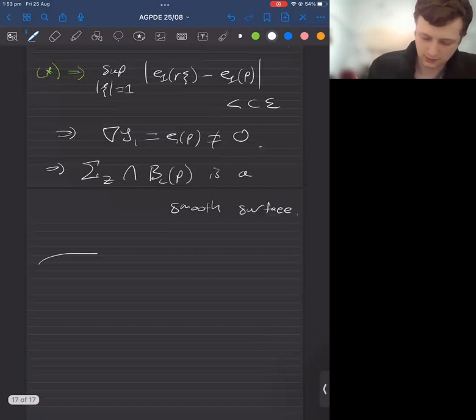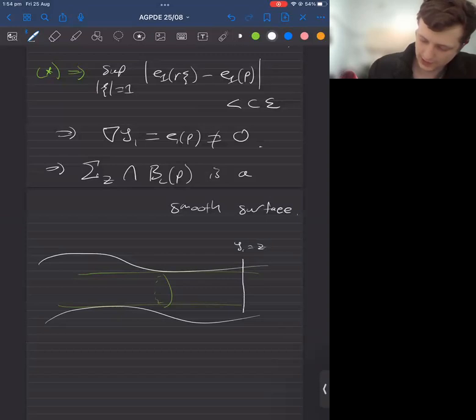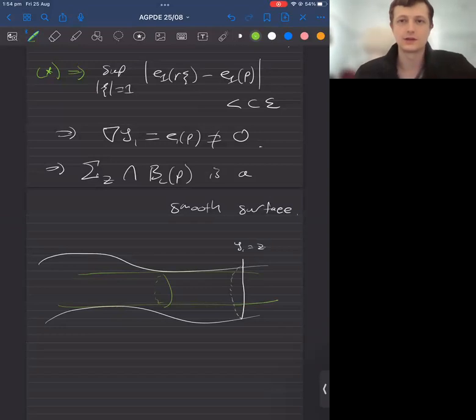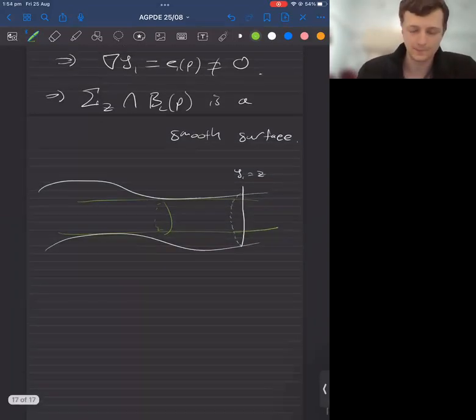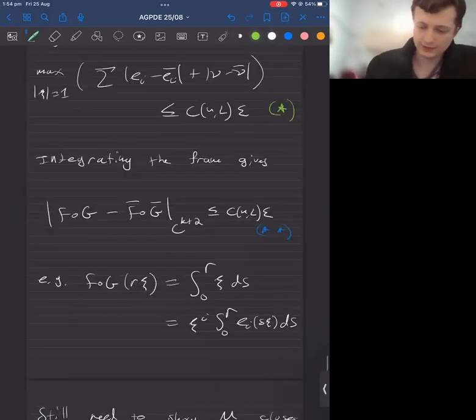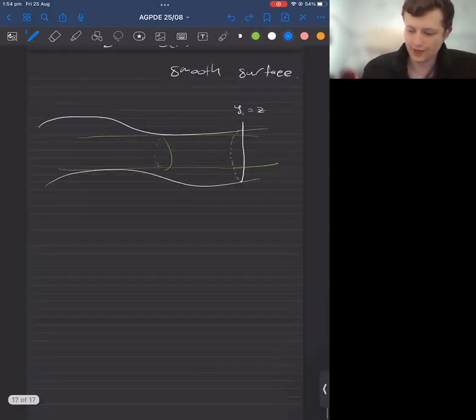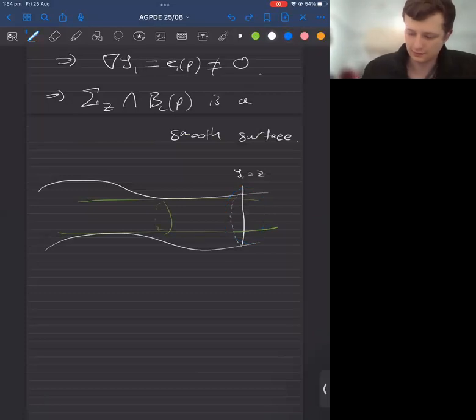Okay, so again, I'll just go here. So we have this cylinder. And what I'm saying is when you go along here, this is y1 equals z, and you intersect with this plane, this is going to be smooth because we're staying fairly close to the cylinder. Nothing's degenerating. Okay, so we're nearly there. Because these two parameterizations are so close, I can build an orthonormal frame on sigma z, so I'll call this sigma z.